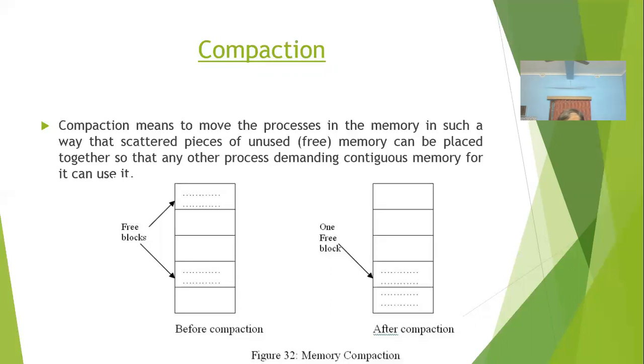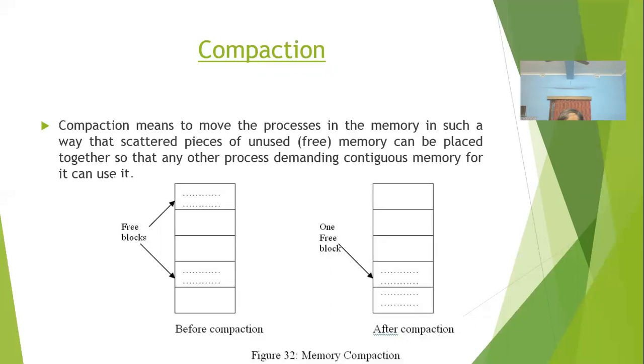So you can easily see from the diagram here, there are two memory segments being shown, before compaction and after compaction. In case of before compaction, at the very extreme left position of the slide, you can see the free blocks are scattered, and at the extreme right position, you can see that the free memory holes are aggregated at one particular point only, and that is creating one large free block.